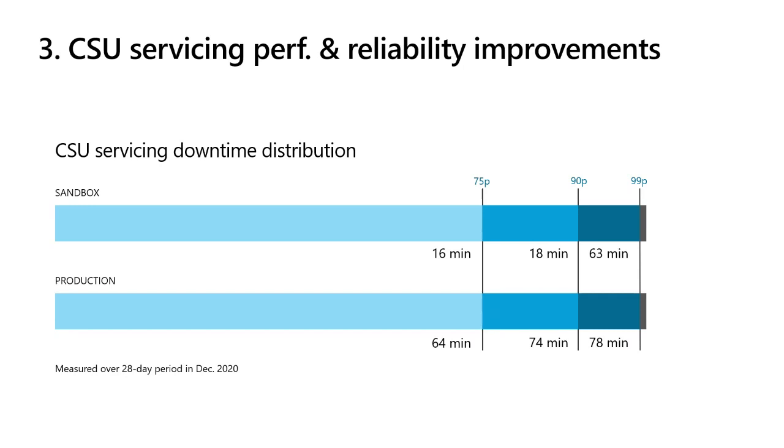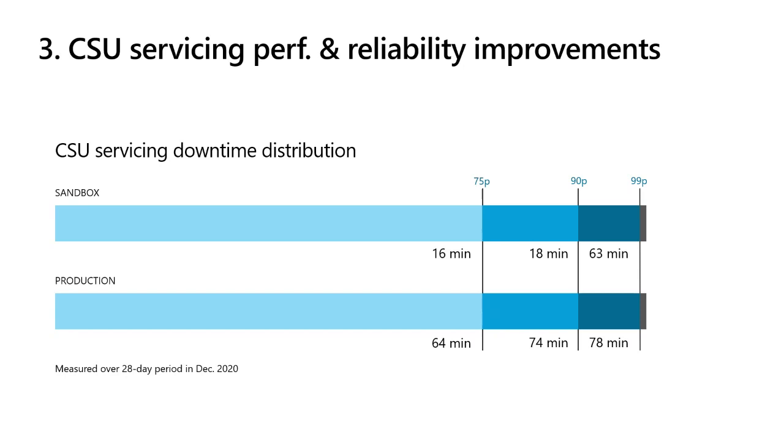What we've done now is create multiple instances of our deployment system across the globe. Right now we have 3 different geographies distributed around the world, so that when we deploy artifacts to a CSU, we deploy from the nearest data center for that particular CSU. And that has significantly improved deployment and servicing times.